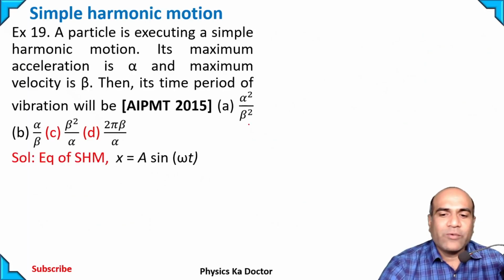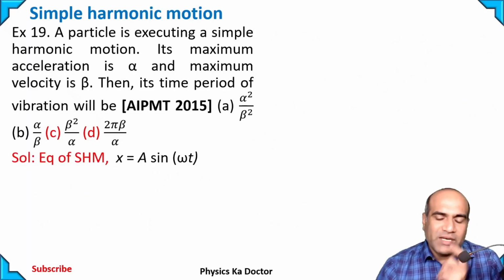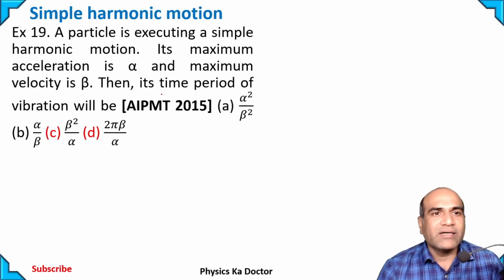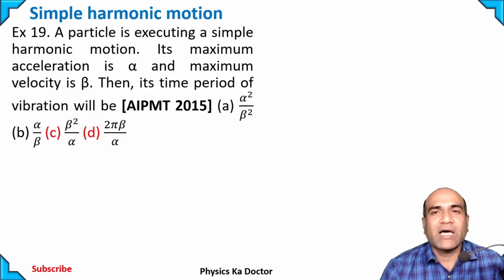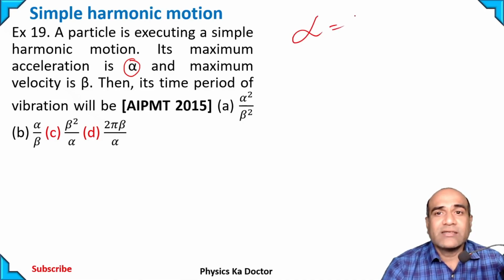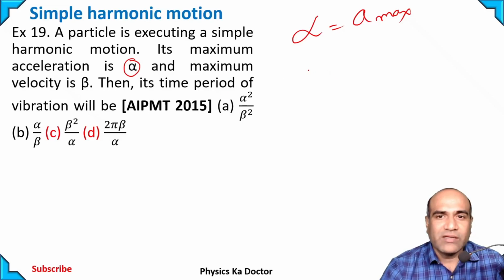Now we have example number 19 with us. A particle is executing simple harmonic motion. Its maximum acceleration is alpha, and maximum velocity is beta.